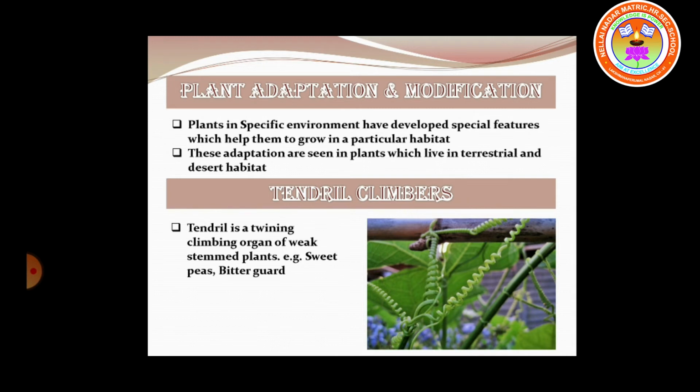Tendril is a twining climbing organ of a weak-stemmed plant. Some weak-stemmed plants have a special organ called tendril, which helps for support. Examples: sweet peas and bitter gourd. Are you clear?